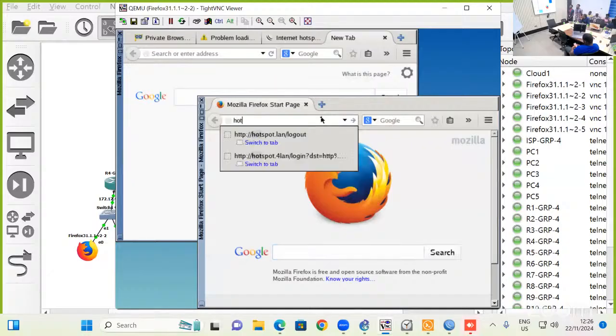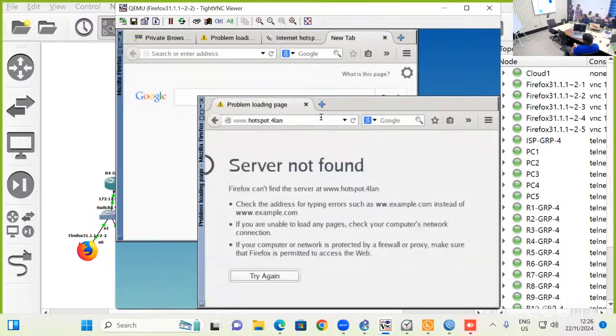Hotspot.land. I think that's wrong. It's not working. Let me cross check it again. But that's what we use. Okay, no worries, I've gotten what I need from there. Call the IP address of the router again. 172.17.4.17.